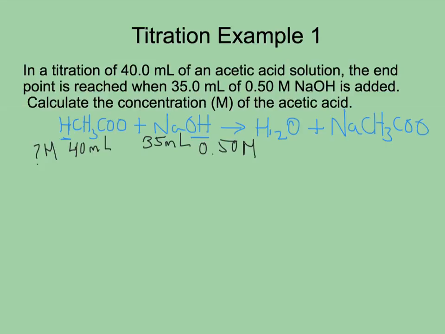First step is we want to figure out the moles of NaOH. So since we have the volume, we have the molarity. We know that molarity is moles per liter. So we can say that 0.50 molar is equal to X moles of NaOH over liters would be 0.035 liters.